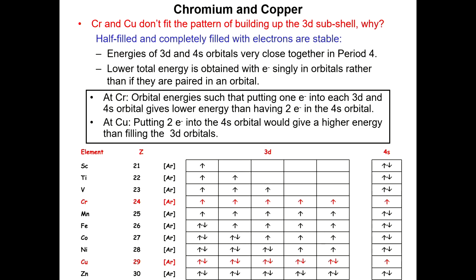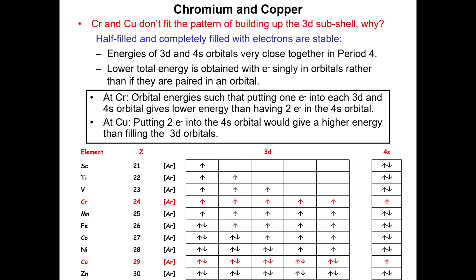And also for chromium and for copper, one electron also will move from 4s to here. In this way, we can say this is half, this is full, this is half. If this one were put here, this would be full, but this is uncompleted, right? But using this way, one is completed and another one is half.